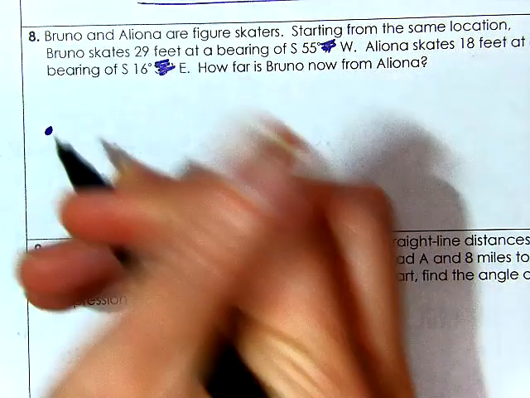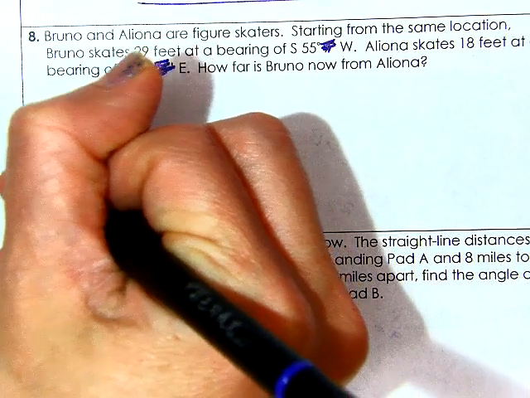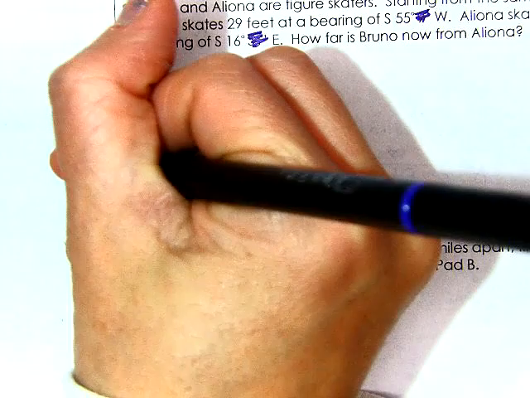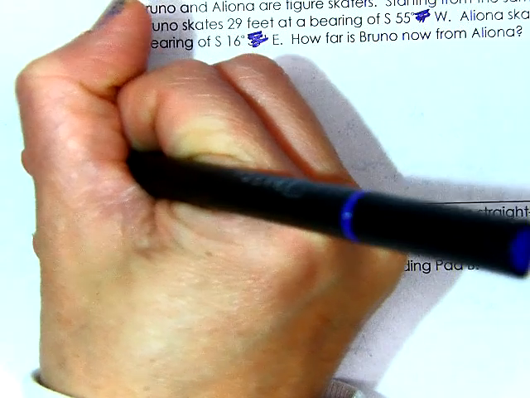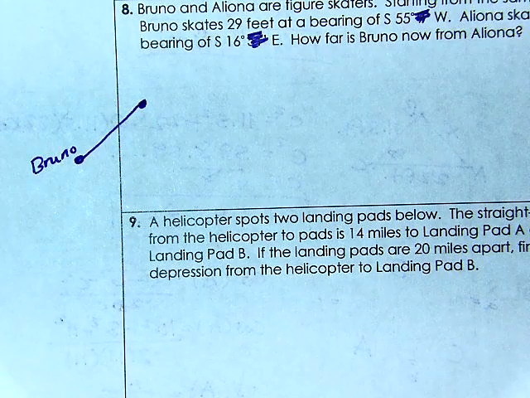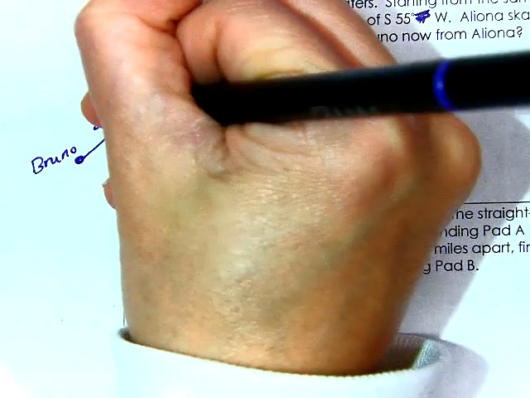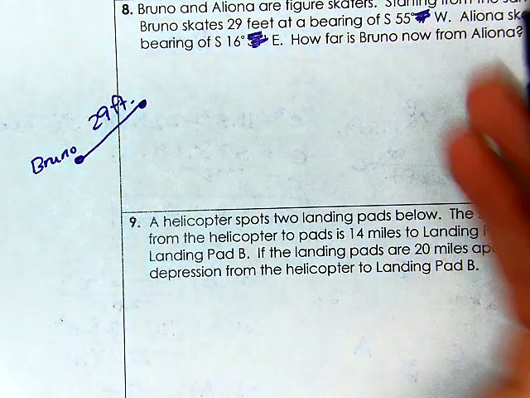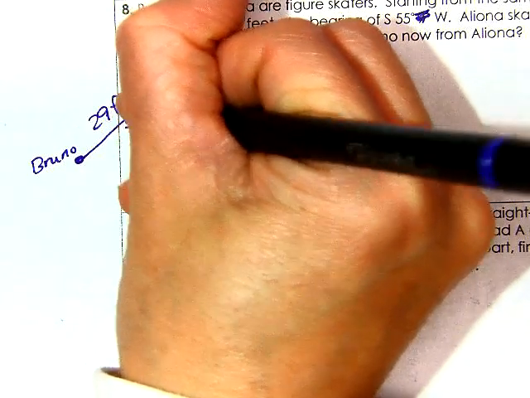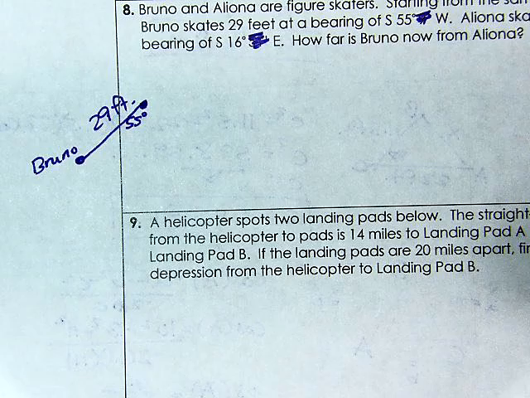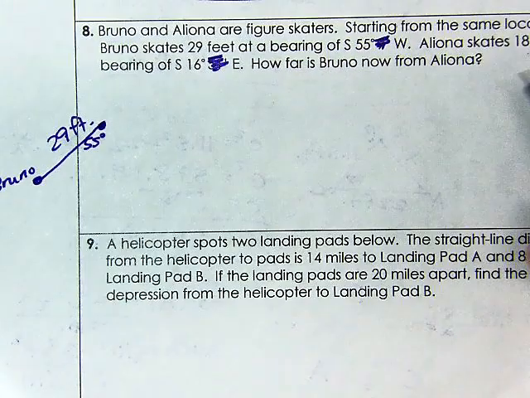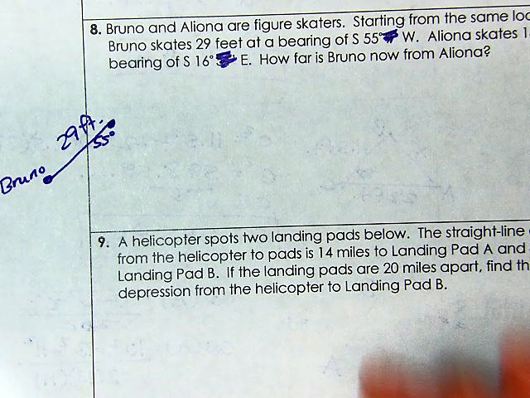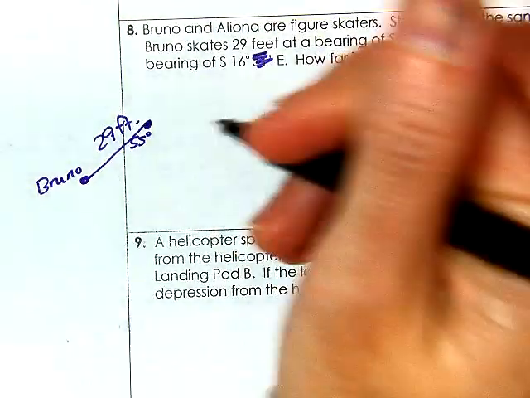So then south and west would be kind of like that. So this is Bruno. And he did that for 29 feet. And his angle was 55 degrees. So I'll go ahead and put 55 degrees. And it says that Eliana skates 18 feet at a bearing of 16 degrees southeast.